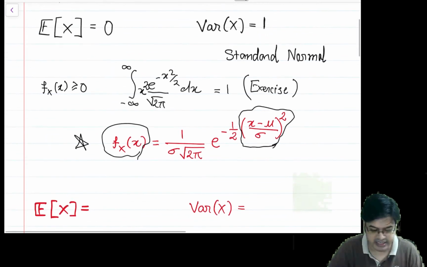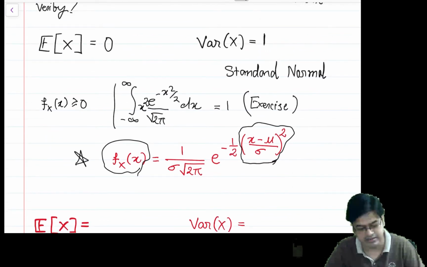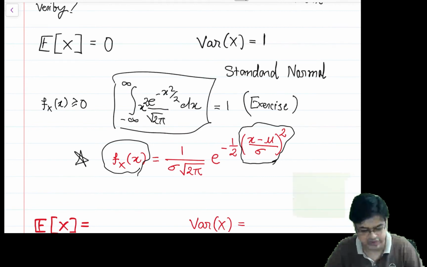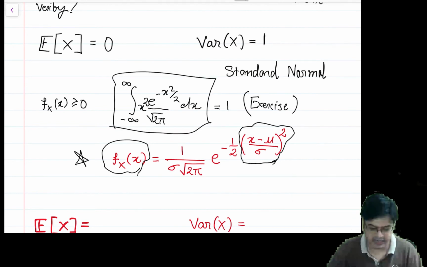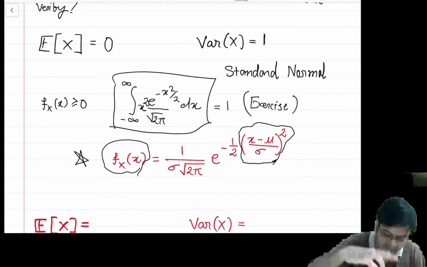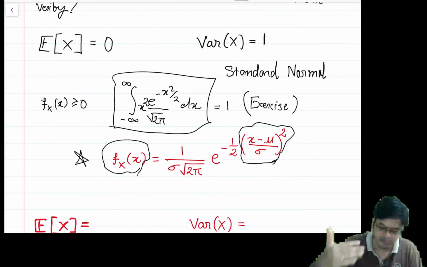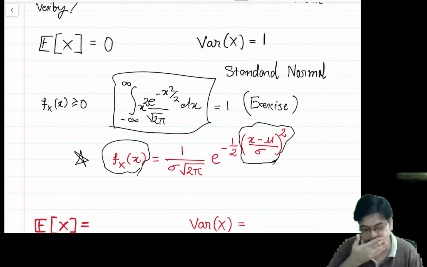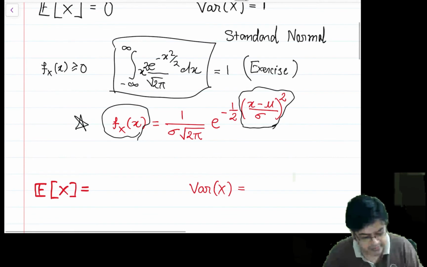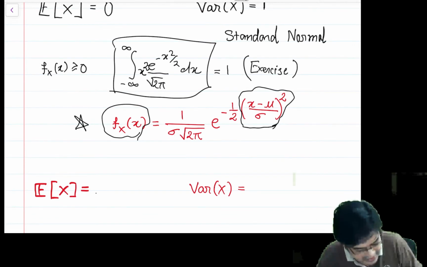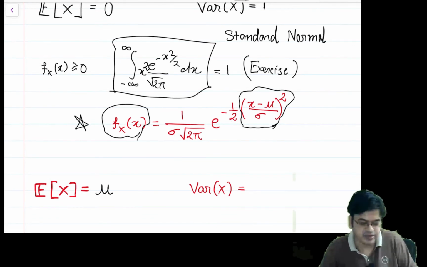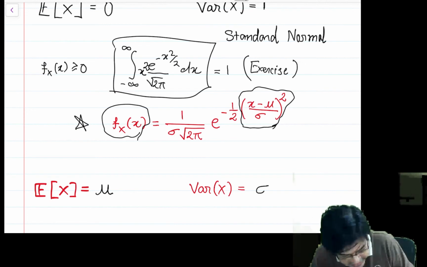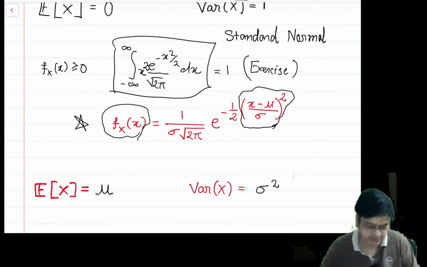Look at this integral. This is derived here. And if you do a similar calculation for this integral by replacing x by x minus mu by sigma, what you will get as the mean of the random variable is mu, and the variance of the random variable is sigma square.